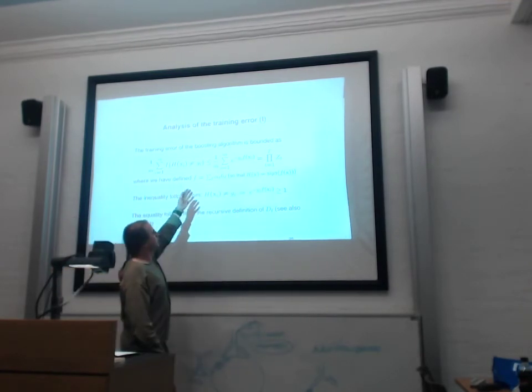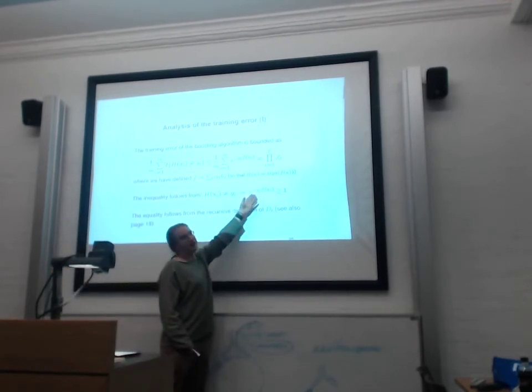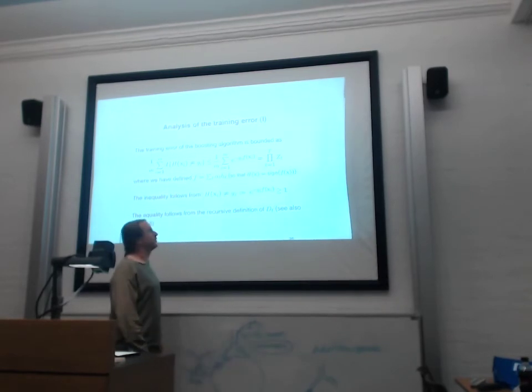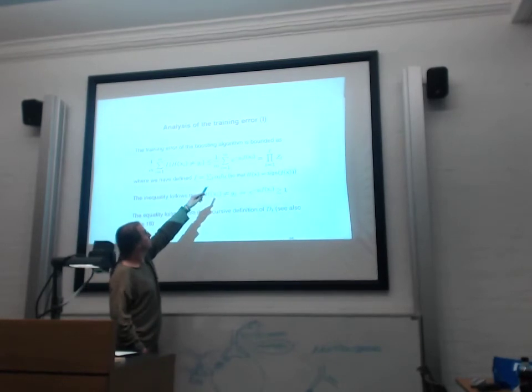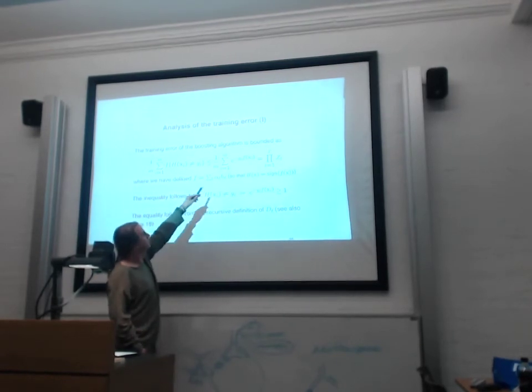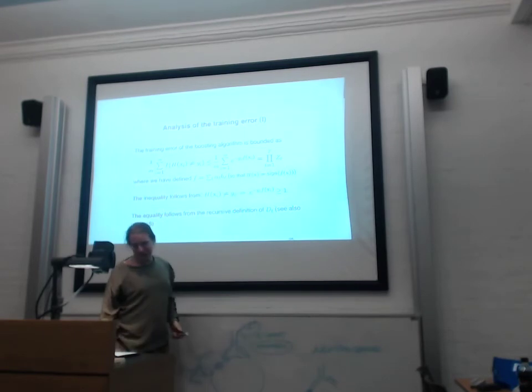If this is 0, then e to the negative is also more than 0. So the first inequality is easy. It just follows by substituting in 1 and minus 1 and seeing what happens. Second inequality: let's look at this product.